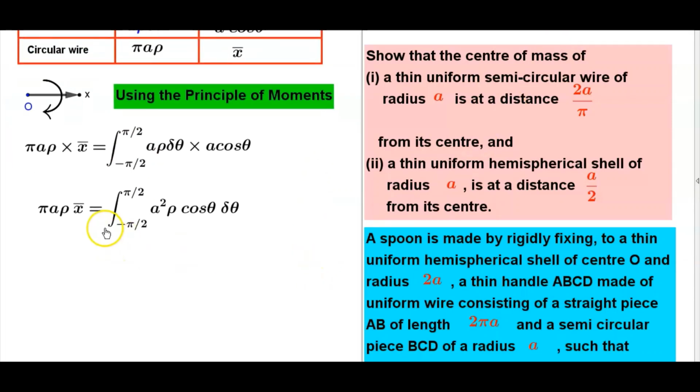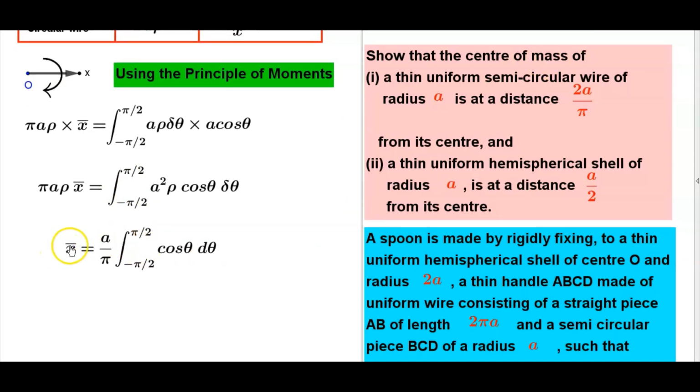When we simplify, pi A rho x bar is equal to A into A squared rho cos theta into delta theta. For integration, we can consider delta theta as d theta, integrating with limits minus pi by 2 to plus pi by 2.